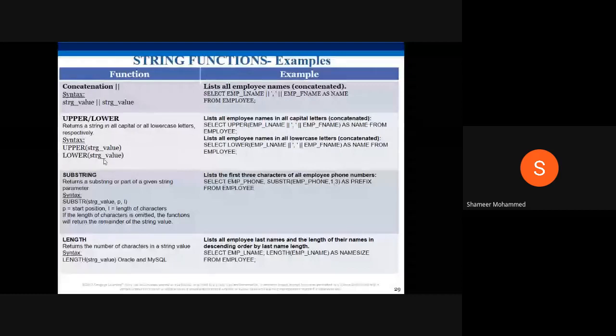This is above your shift button. There is a line in your laptop keyboard. Press the shift button and press the very next top button above shift. Then you will get this one. This is called pipe symbol.